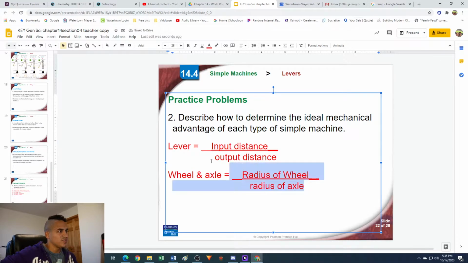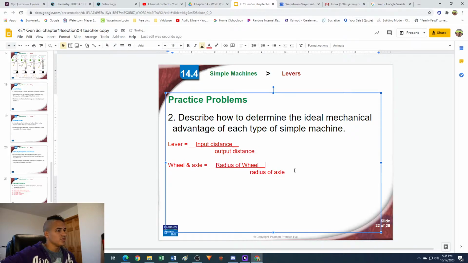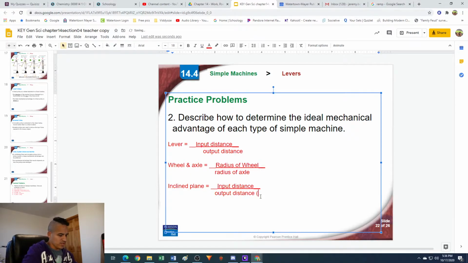Let's make our font smaller here so we don't run out of space. For the incline plane, it's going to be the same as the lever: input distance divided by output distance. The output distance in this case is going to be the height of the ramp, so how high it's lifting the object.